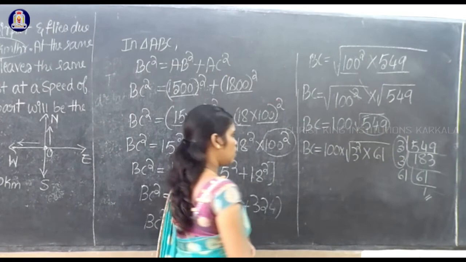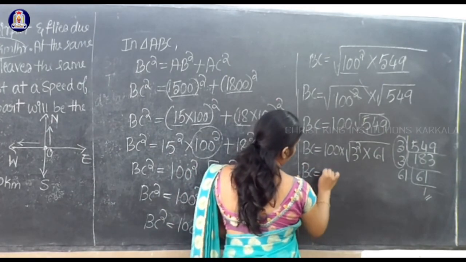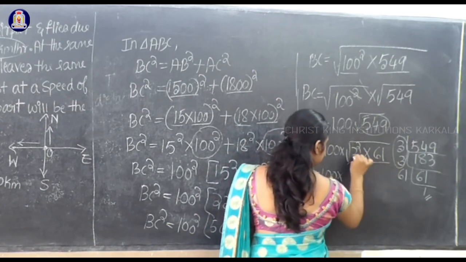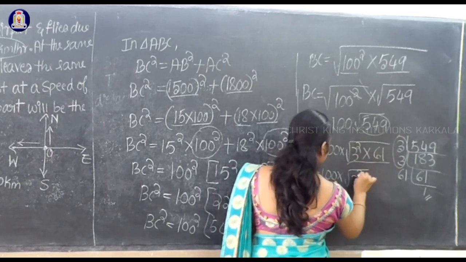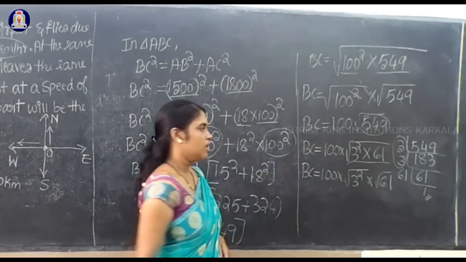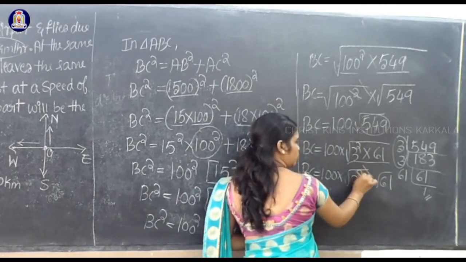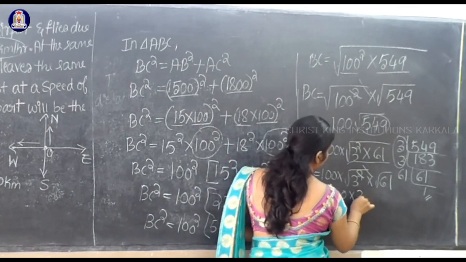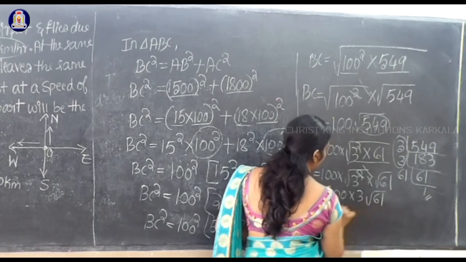Okay. So now BC equal to 100 into, again I will split this term, square root of 3 square into square root of 61. Okay, yes. So square and square root cancelled. So I will get 100 into 3 into square root of 61.